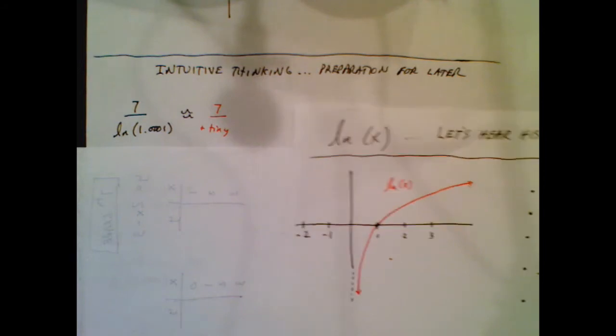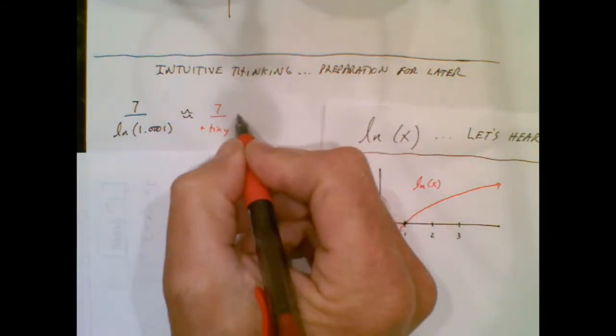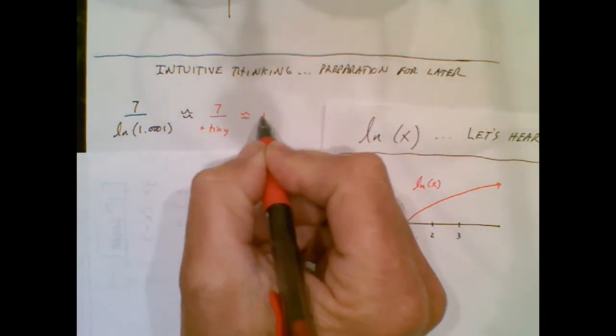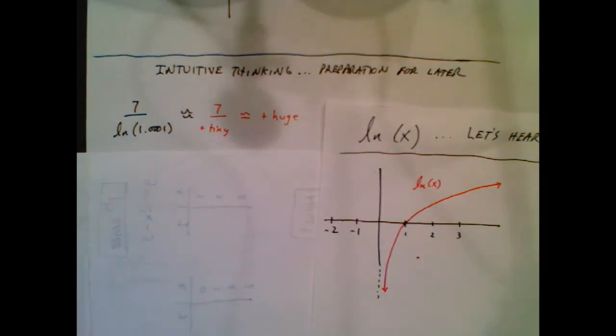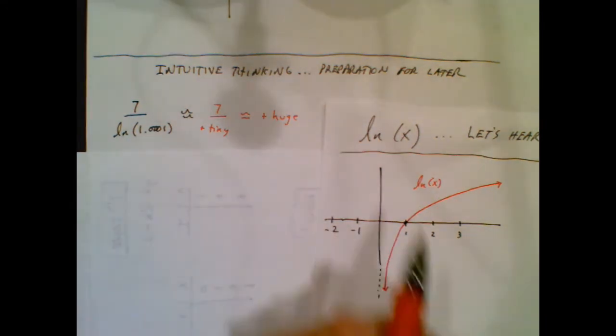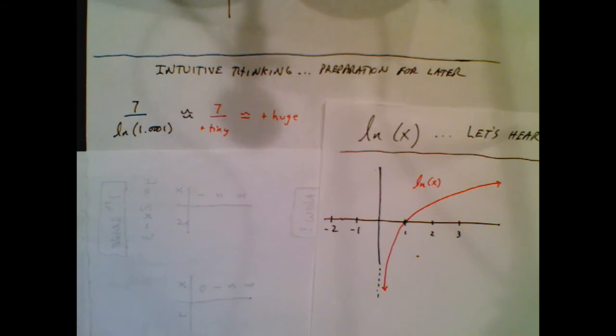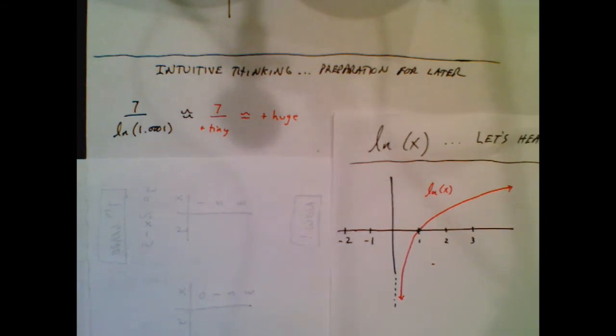So for our sake right now, we're just going to call this positive huge. We could get a real answer for that, but I'm not concerned about that. When I say positive huge, I just mean like 32,000, something like that. That's all we care about right now.